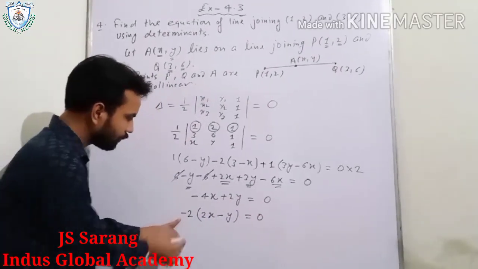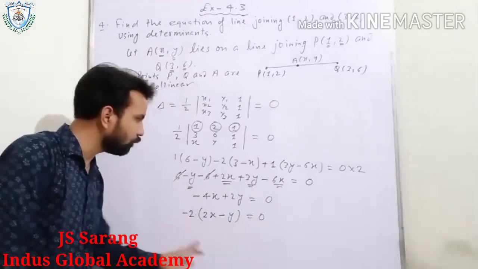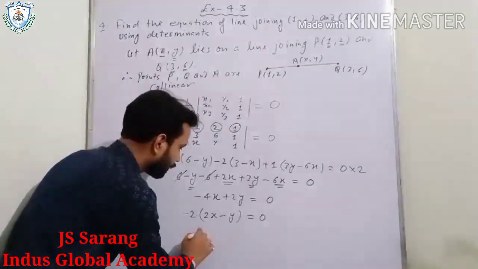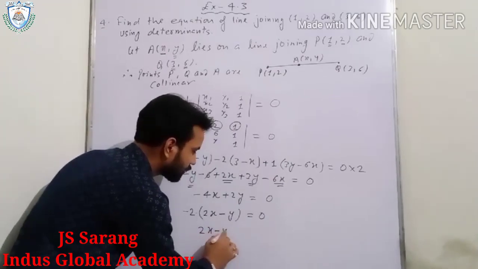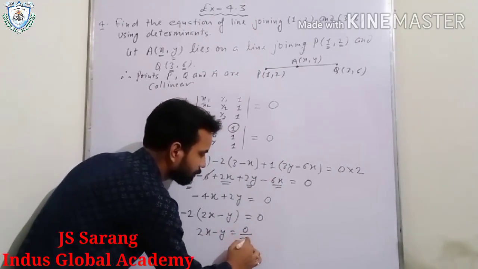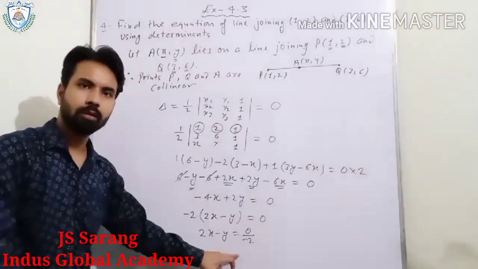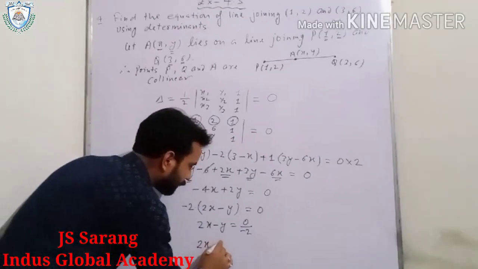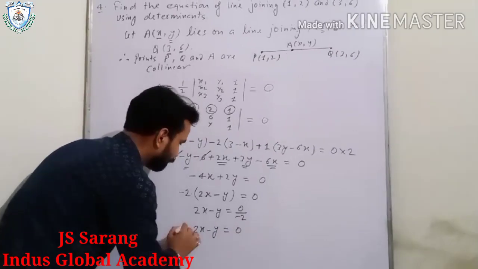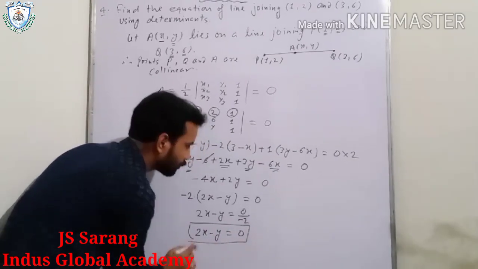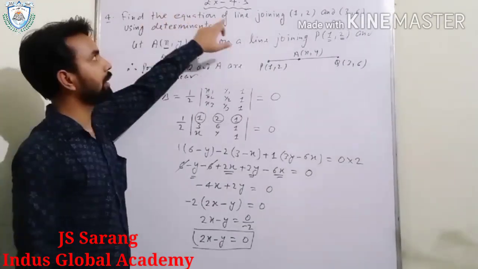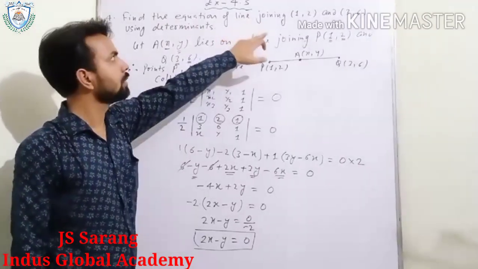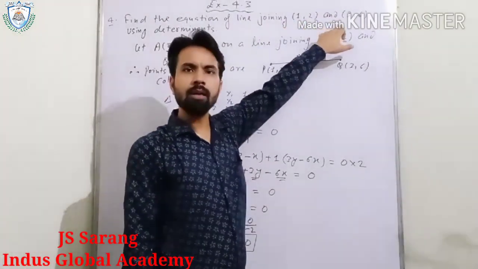Now this minus 2 is in multiplication, so it will move to the other side in division of 0. So what we will get? 2x minus y equal to 0 upon minus 2. 0 upon minus 2, you know, is 0. So 2x minus y equals 0. Hence, this is the equation of that required line which joined (1, 2) and (3, 6).